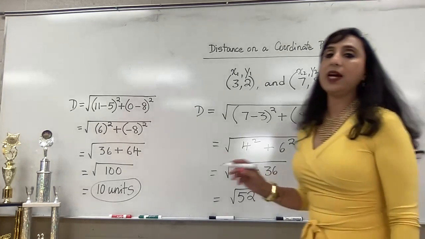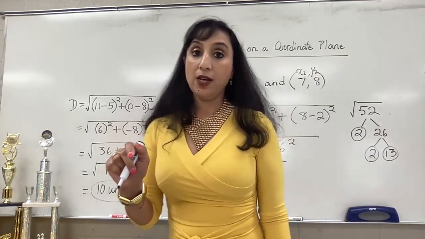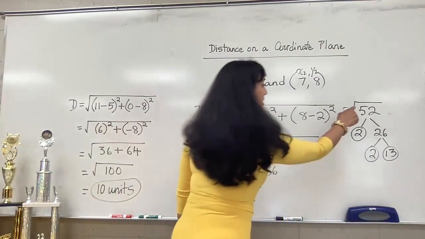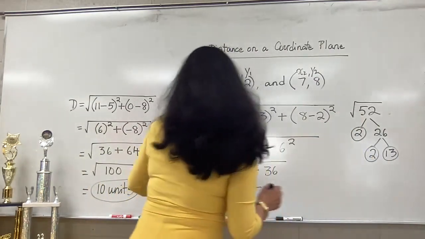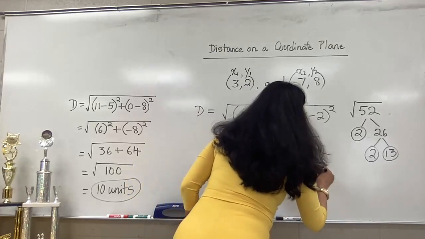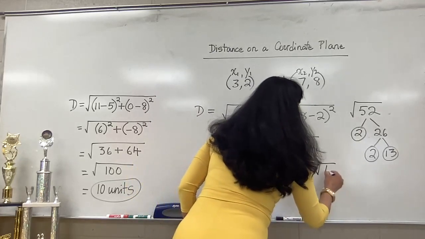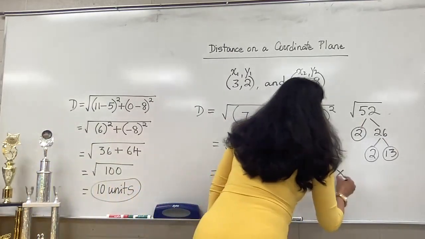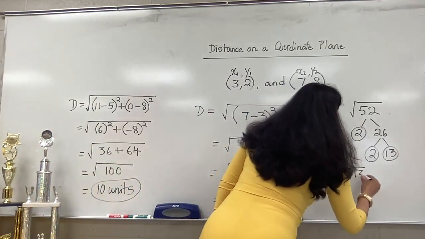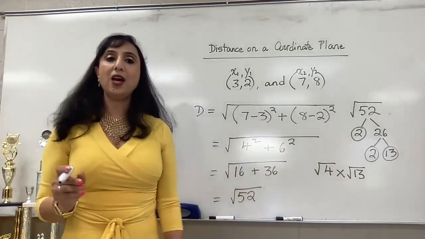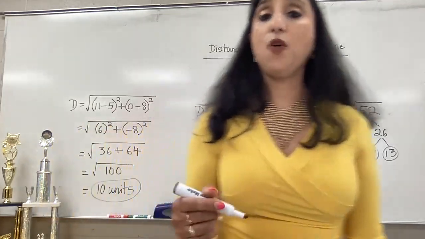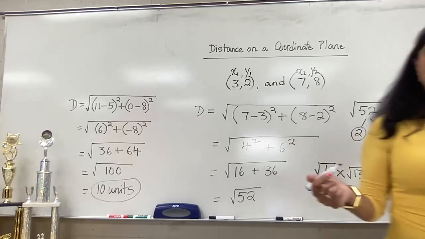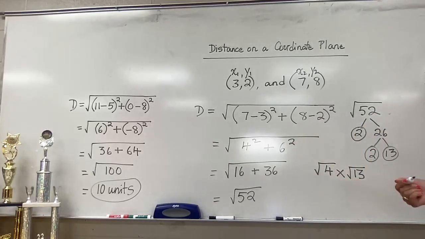So I know that 2 times 2 is 4. So I can break this apart into the square root of 4 times the square root of 13, because I know the square root of 4 is going to give me 2, since 2 times 2 gives me 4.